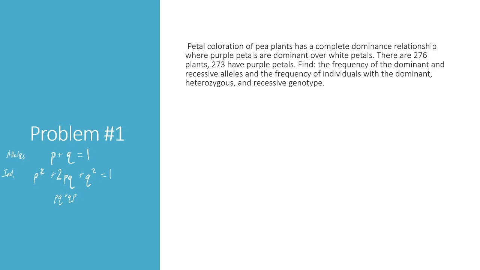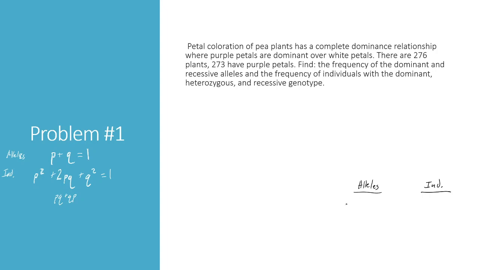So then the second thing that I find useful is to make myself a little box down at the bottom where I'm going to be writing out whatever answers I find, whatever information I gain. And I'm going to break that up into two categories: alleles, and individuals. So all of the possible things that I could learn about a population at Hardy-Weinberg equilibrium are spelled out by these two equations.